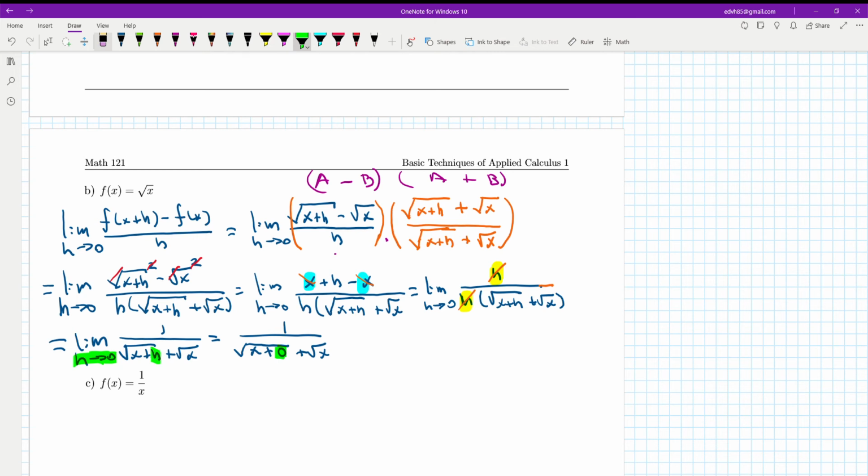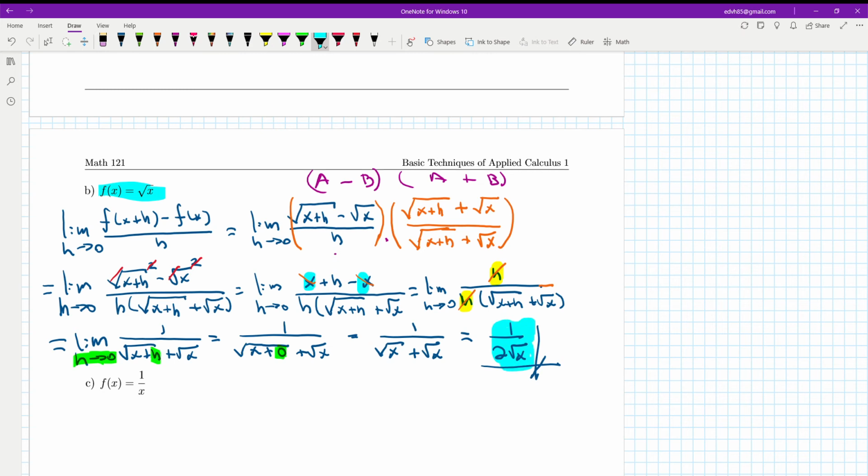Underneath the first radical in the denominator, x plus 0 will simply be x, square root of x plus square root of x. And guess what? These two are like terms. So 2 square root of x in the denominator. And that is the derivative of the function f of x equals square root of x: 1 over 2 square root of x.